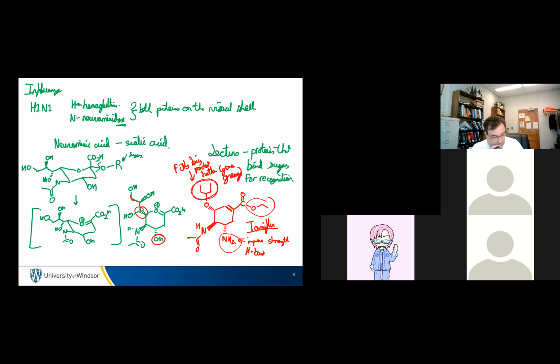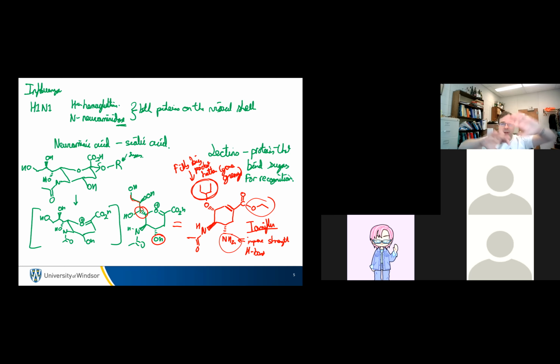What I love about this is it was not developed through a particularly rational process. It was a high throughput screen of molecules, and something related to Tamiflu was the thing that kind of jumped out at them as a good target, and then they developed it further. It's only in retrospect that we look and go, hey, look how similar these things are.